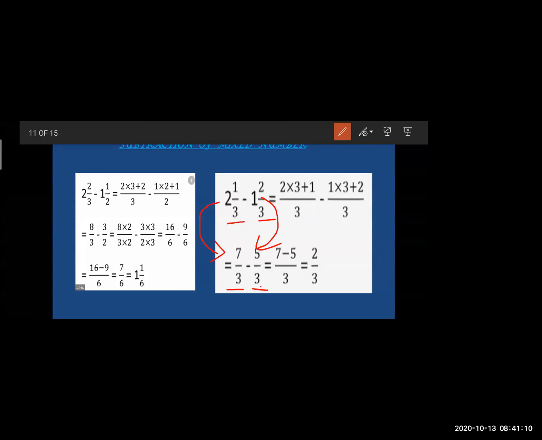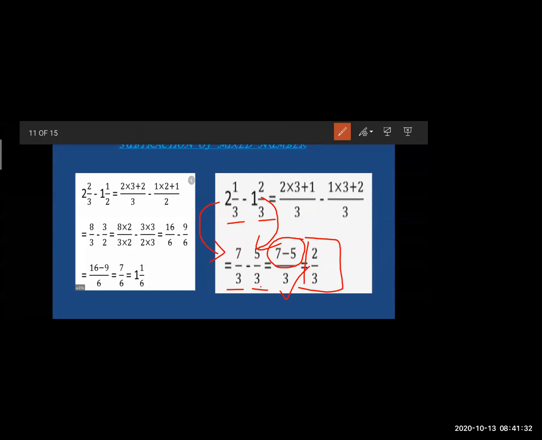That is 7 minus 5, and the denominator is common, that is 3. So 7 minus 5 will give 2, and you will get 2 upon 3 as your answer.